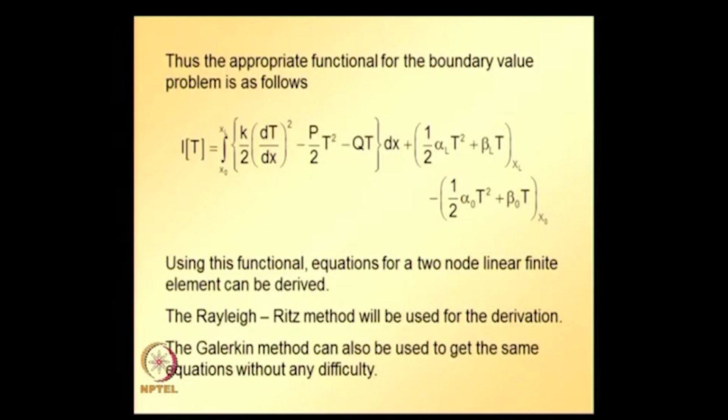So now we have the equivalent functional. Before we proceed further, we need to look at the finite element approximations of each of the terms that are appearing in the equivalent functional, how to express their approximation in terms of finite element shape functions and nodal values.